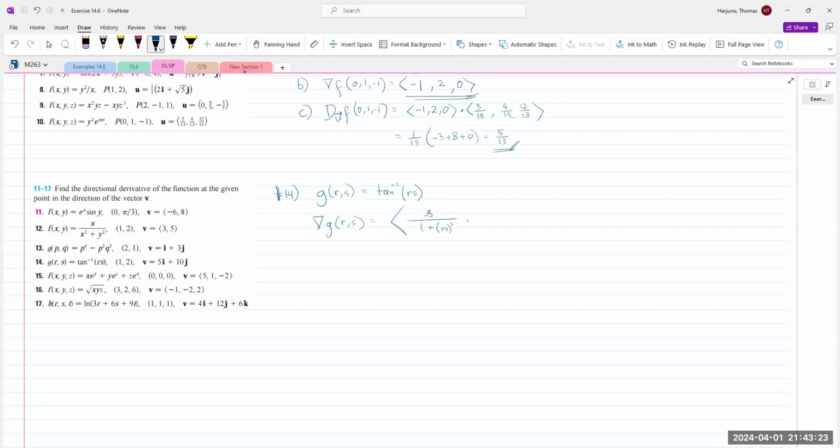And then the second part will be r over 1 plus (rs) squared. That's the gradient. So at (1,2), the gradient of g is 2 over 5, and 1 over 5.